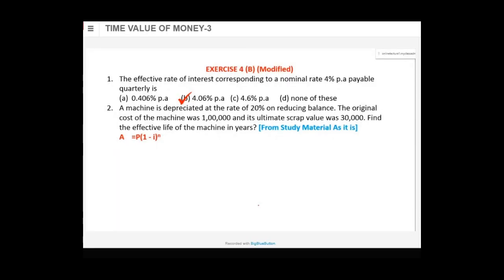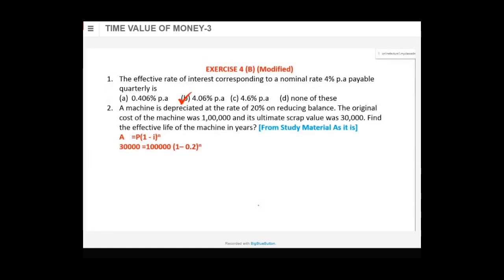And we have to find out n. Is that clear? Scrap value means value at the end, 30,000. 1 lakh is the cost. And 1 minus, not plus, 1 minus 0.2 raised to n. The equation is ready on the screen.